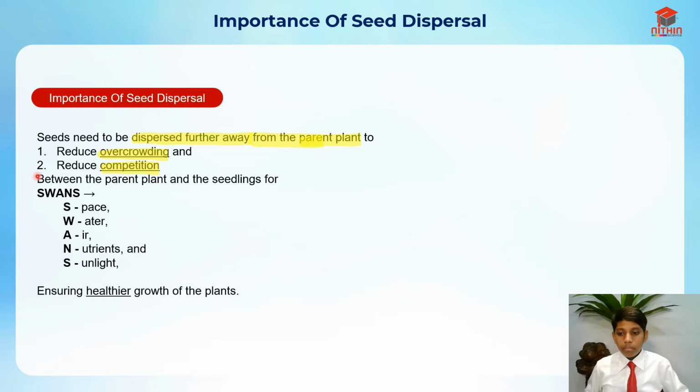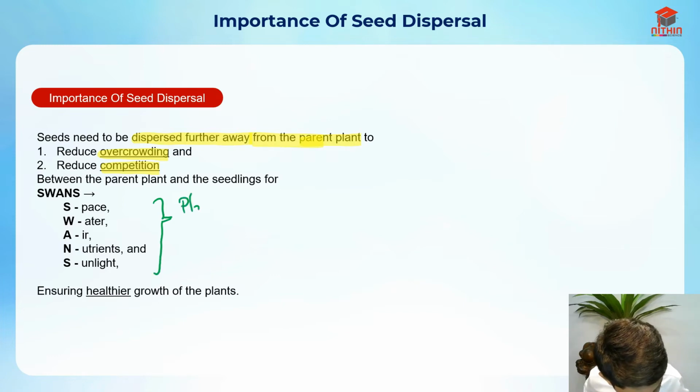Next, between the parent plant and the seedlings for SWANS. Okay, this SWANS is actually an acronym. Okay, so SWANS basically means space, water, air, nutrients, and sunlight. So these are the things basically plants compete for.